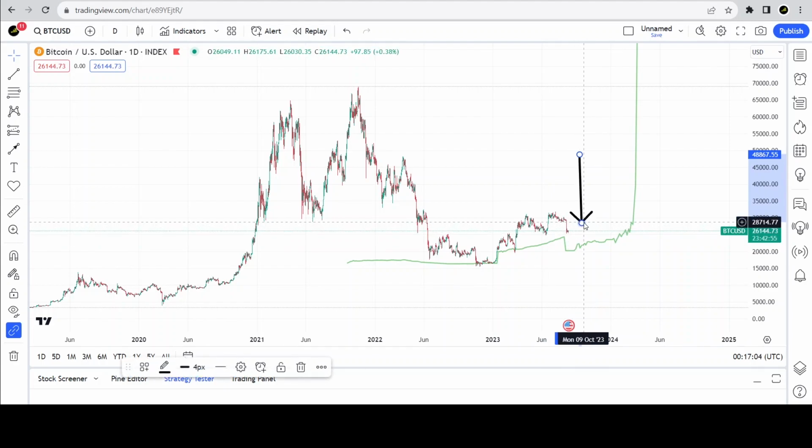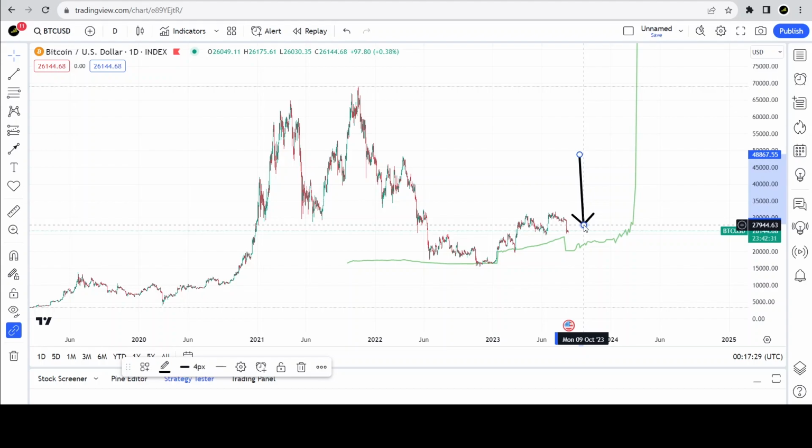It's really interesting that the very first structure on the Bitcoin chart has been echoed throughout time and its legacy is still seen in today's structure. Now, I've talked about this phenomenon in other videos.